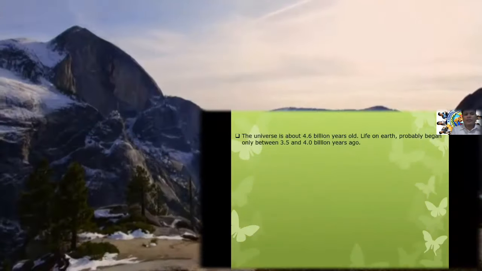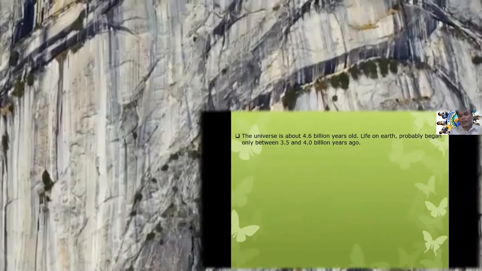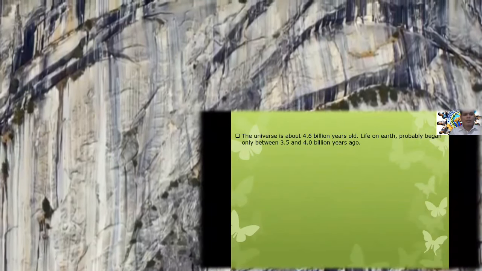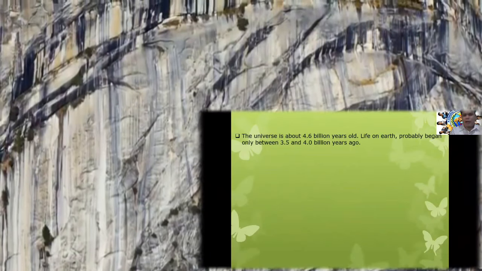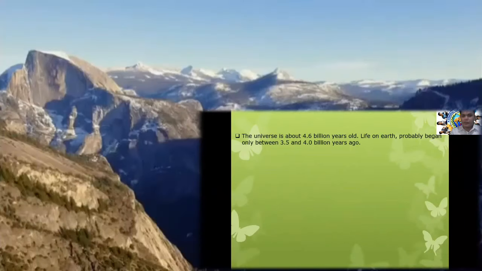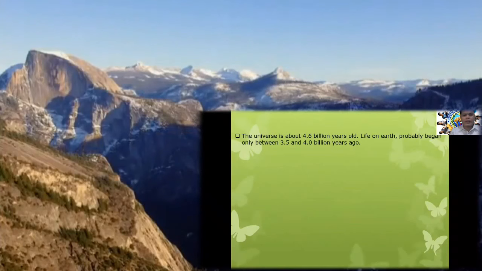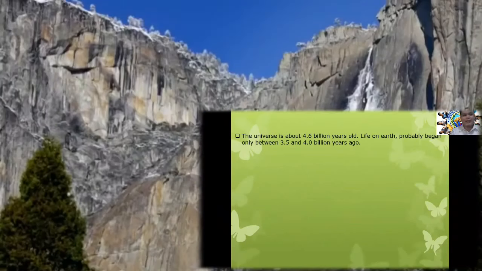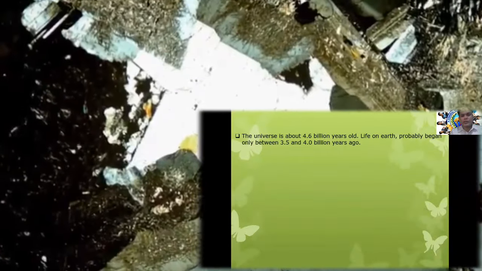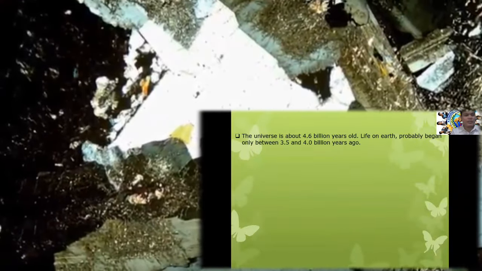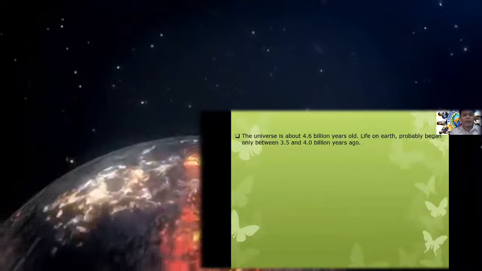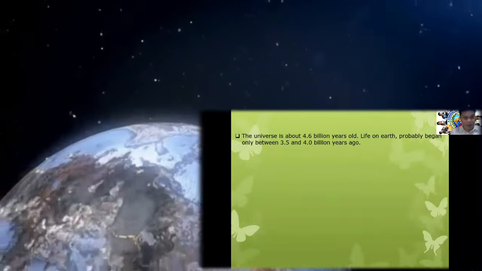Now, the universe, according to science, based on the evidences they found, is about 4.6 billion years old. Therefore, life on Earth probably began only between 3.5 and 4.0 billion years ago. So this is just a theory base dun sa mga evidences na nakita po nila.